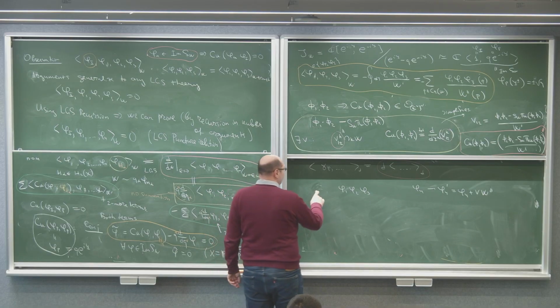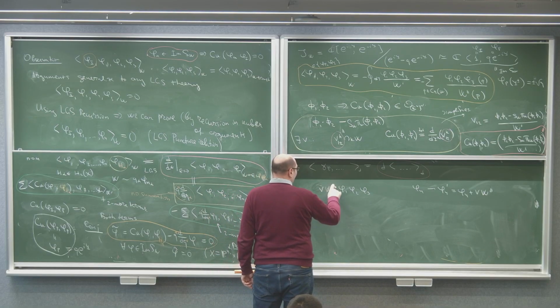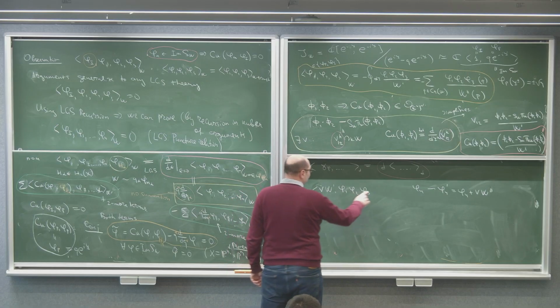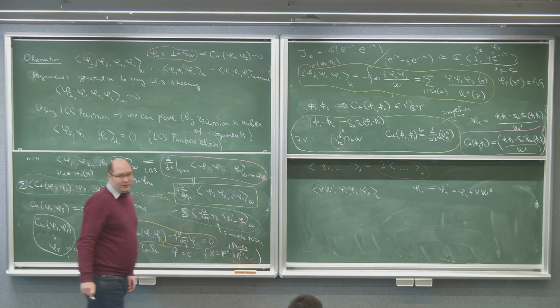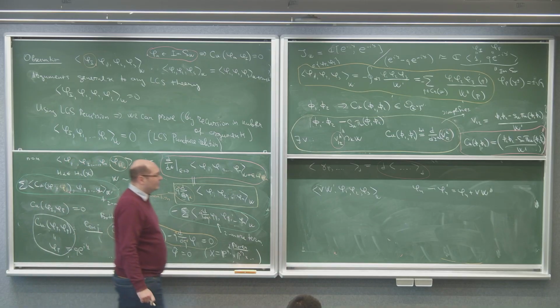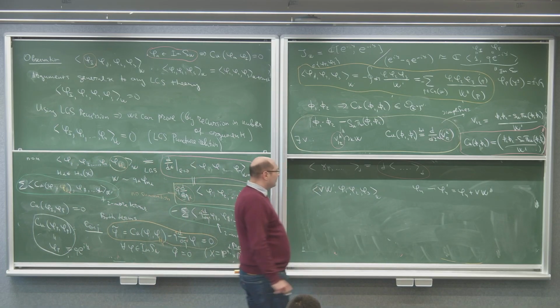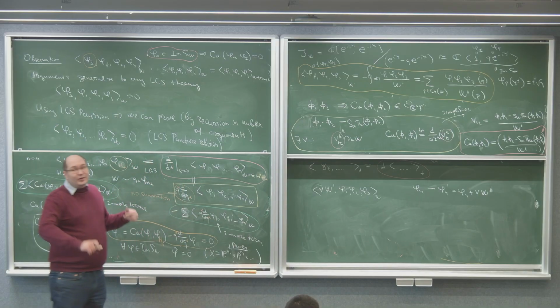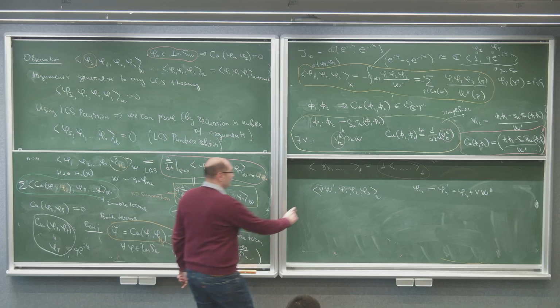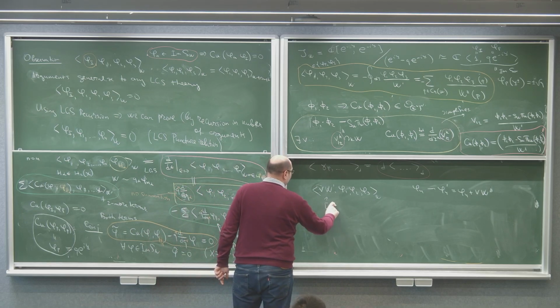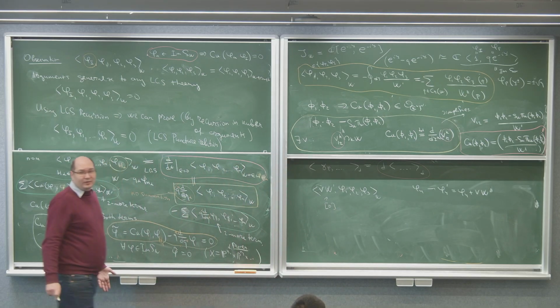Then the change in our 4-point function will be given by this 4-point function, where one of the arguments is a non-zero representative of a trivial class in the Jacobi ring. So this thing belongs to the trivial class, but it's not a trivial representative.